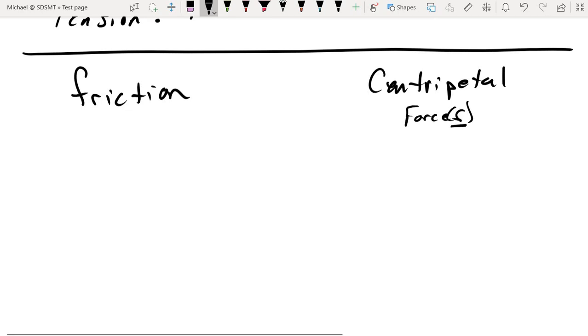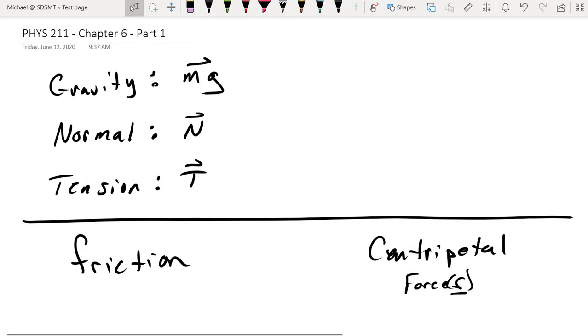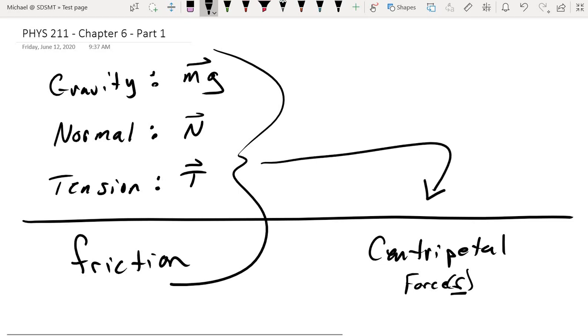As I mentioned in a previous video, centripetal force is not going to be something new that we have to define. Instead, it's going to be the result of one or more of these forces that are causing circular motion.